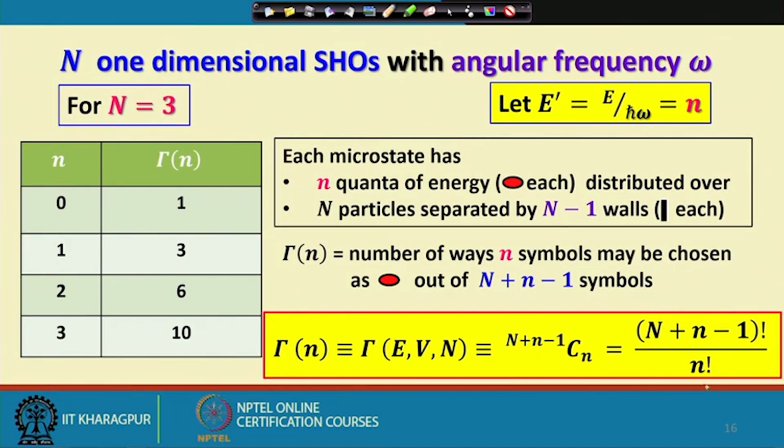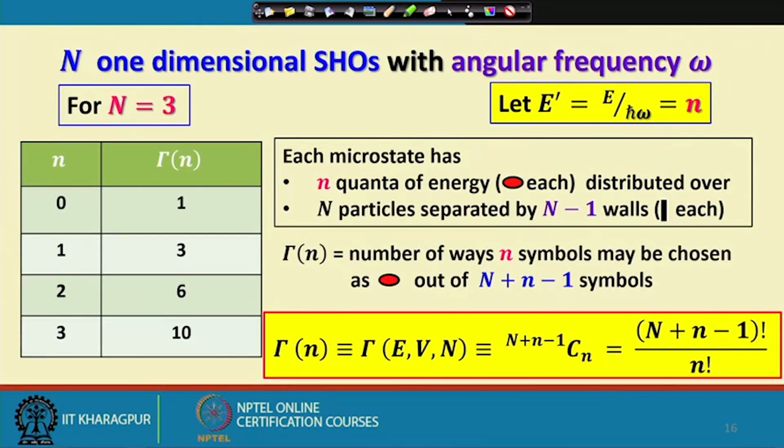Small n can be a large number or a small number, but the number of microscopic states for a given system with a given quantum of energy is still going to be very large. And in that case, once again you can use the Stirling approximation to find out the natural logarithm of gamma.